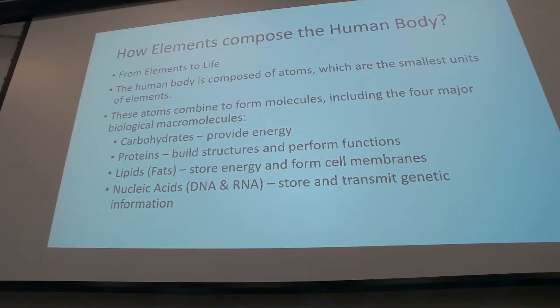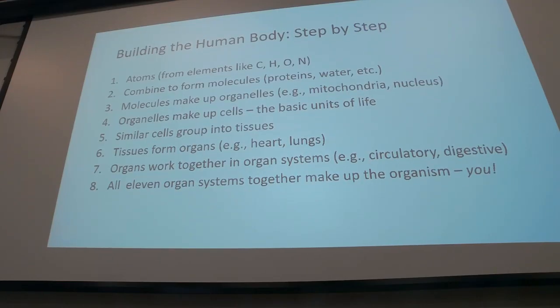So you code and transmit genetic information with these nucleic acids. Atoms from carbon, hydrogen, oxygen, and nitrogen combine to form proteins, water, etc. And then these molecules make up the organelles.